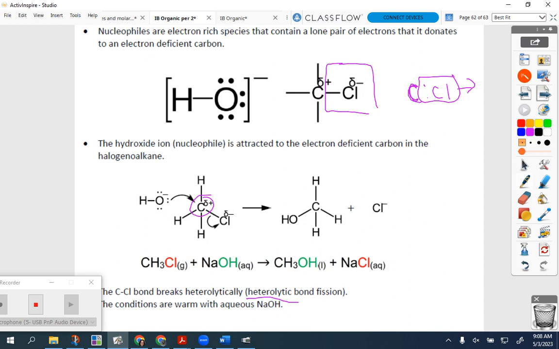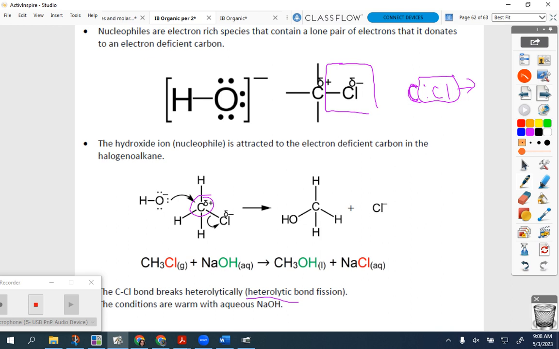It's a better nucleophile than the chlorine, so it's going to replace the chlorine. It's going to leave us with sodium chloride as one of the products, and then the alcohol. Okay, so that is a nucleophilic substitution. There are other forms of nucleophilic substitution with different nucleophiles, but this is the one that you need to know.